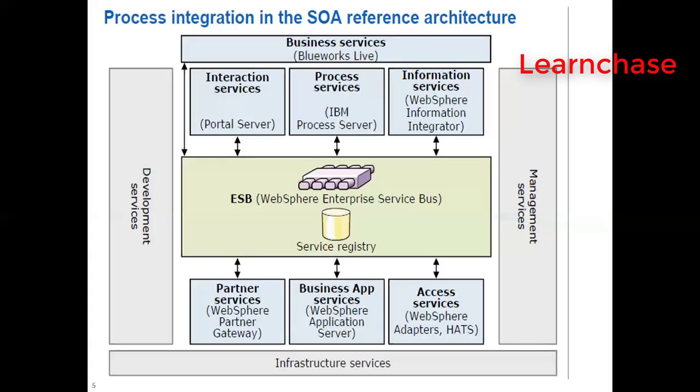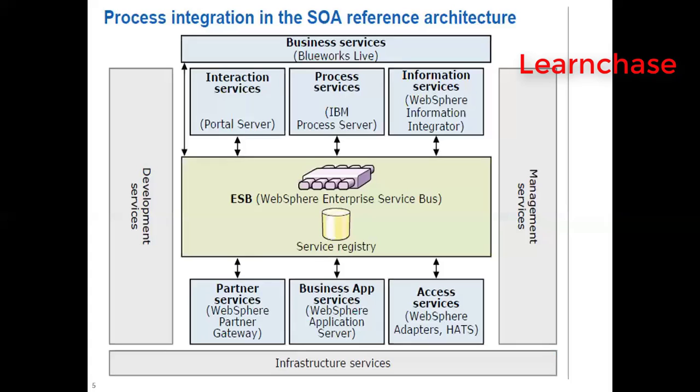This capability is required by your mediation components to execute. So we will not be directly specifying anywhere that we are using ESB or process server, but this is the underlying mechanism which will be used when we deploy anything on the process server. Getting my point now, right? Yeah.